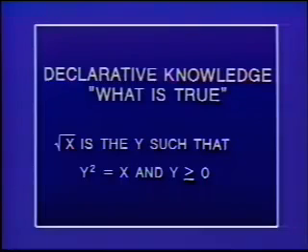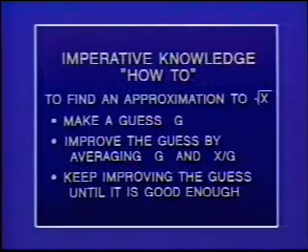So let's contrast that with a piece of imperative knowledge, how you might go out and find a square root. This, in fact, also comes from Egypt, not ancient Egypt. This is an algorithm due to Heron of Alexandria called How to Find a Square Root by Successive Averaging.